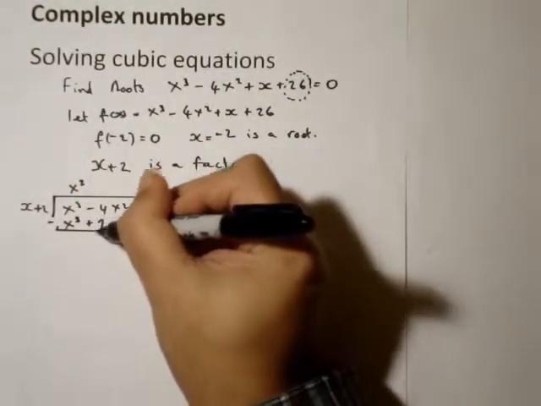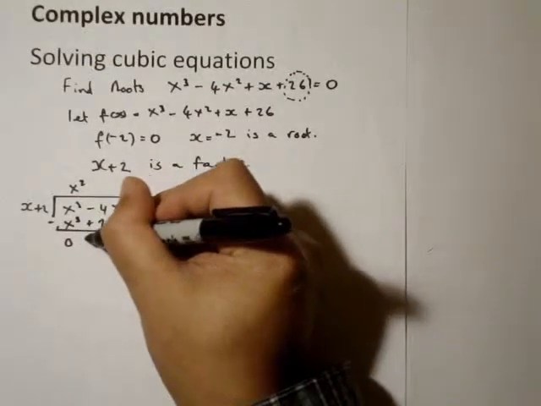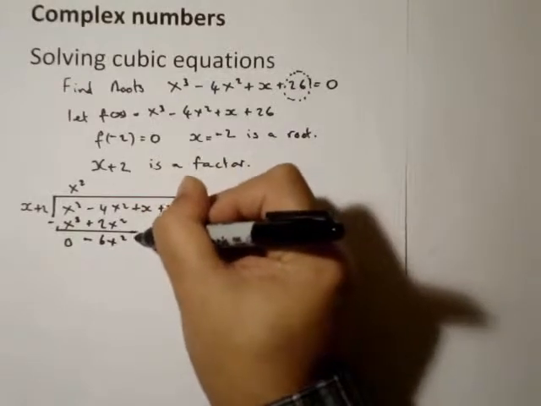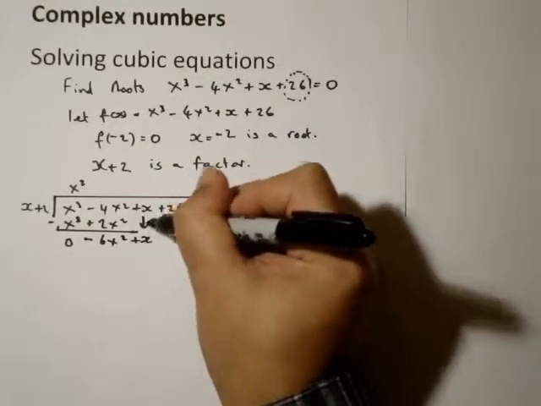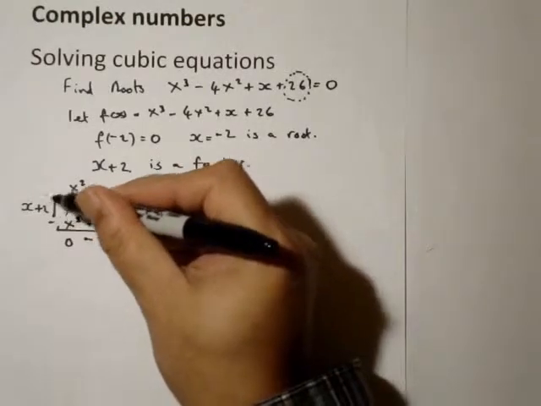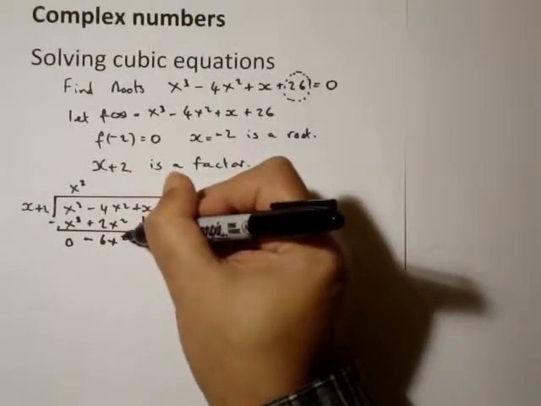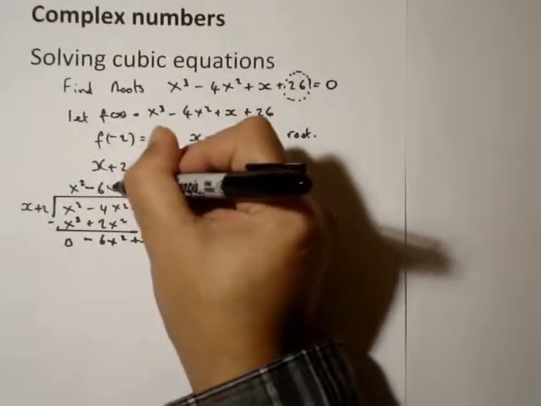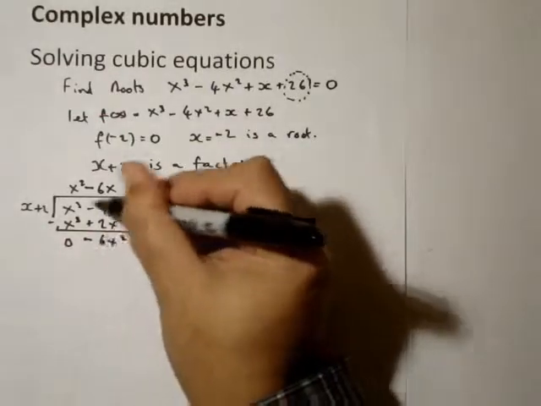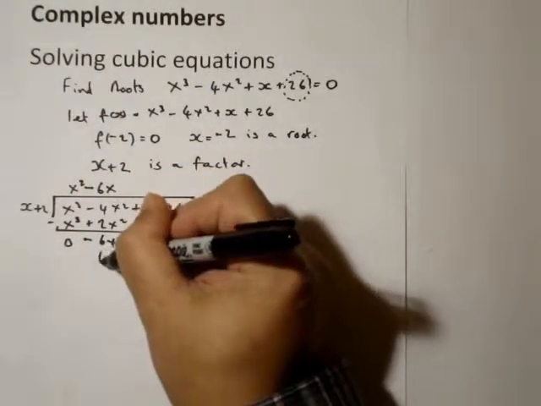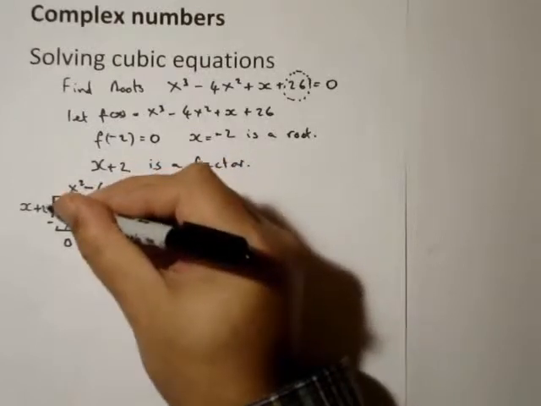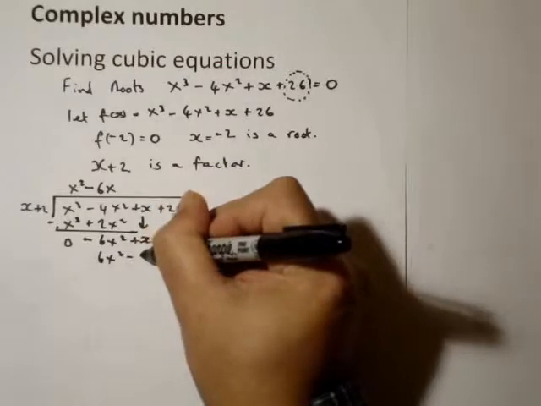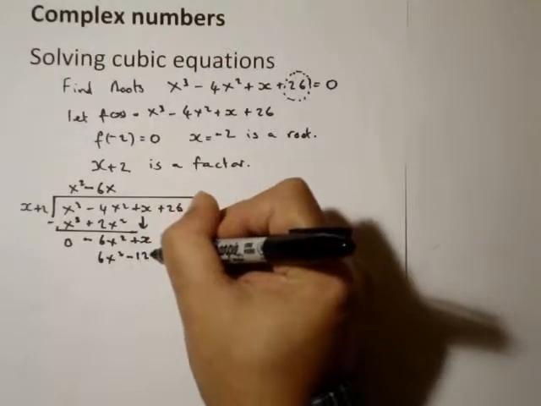we get 0, minus 6x squared, bring the x down, we get plus x. How many times does x go into minus 6x squared? We get minus 6x. So we then put the minus 6x squared on the bottom. Minus 6x times 2, we get minus 12x.